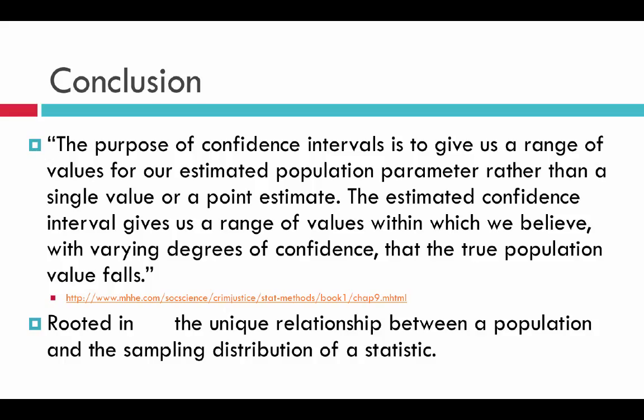But rather, given this unique relationship between the population and the sampling distribution, we know that if we were to repeatedly take samples and create confidence intervals, over the long run, 99% or 95 or 90, depending on the confidence level, a certain percentage of those intervals will actually contain the population parameter in question. This allows us to take a sample, create an interval, and estimate a population parameter.